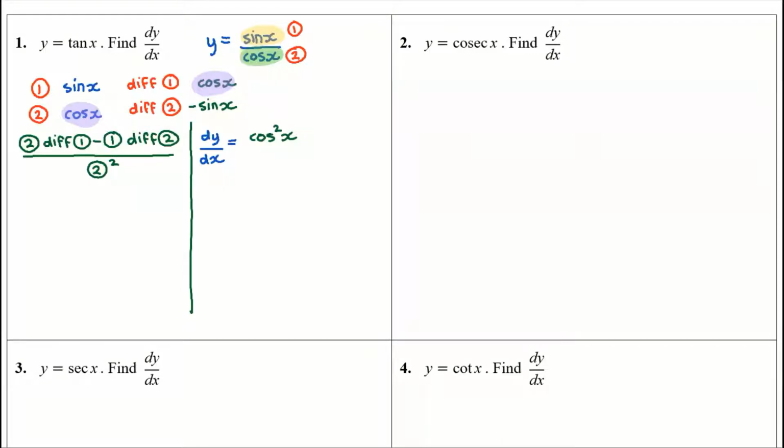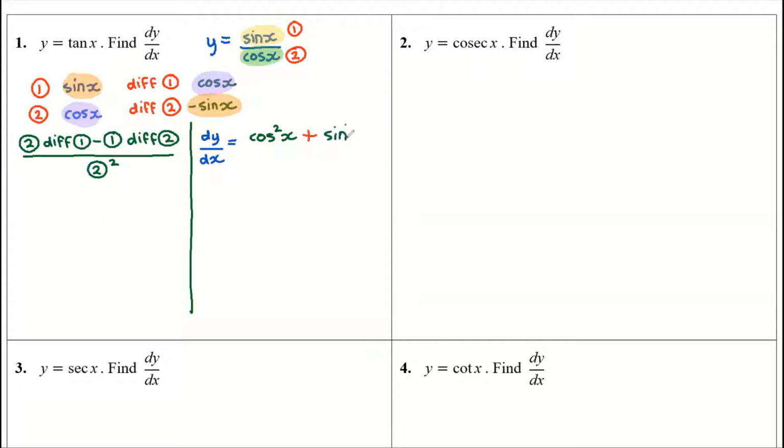So we have to subtract sine x multiplied by negative sine x. As we saw in example 2 from the quotient rule, we have a negative there, and I'm subtracting this, so the double negative is going to give me a positive. So this is going to be plus, and I'll put that in red so it's really clear, plus sine squared x.